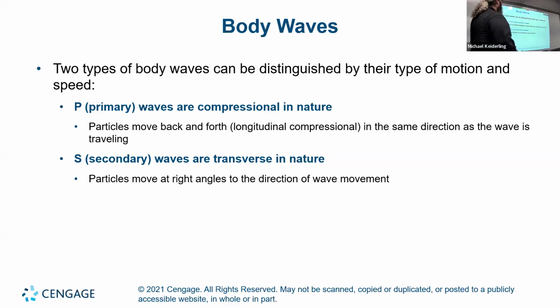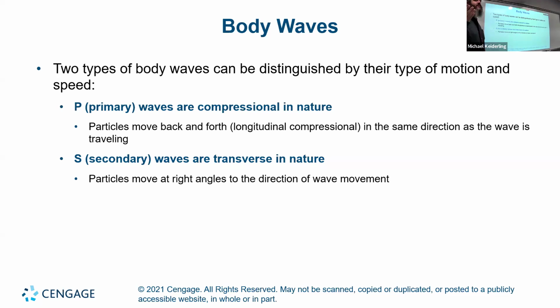So body waves, the waves that are more interesting for scientific purposes, can be distinguished in two types by their type of motion and their speed. There are primary waves, which are compressional in nature. So the rock is squeezing and stretching.